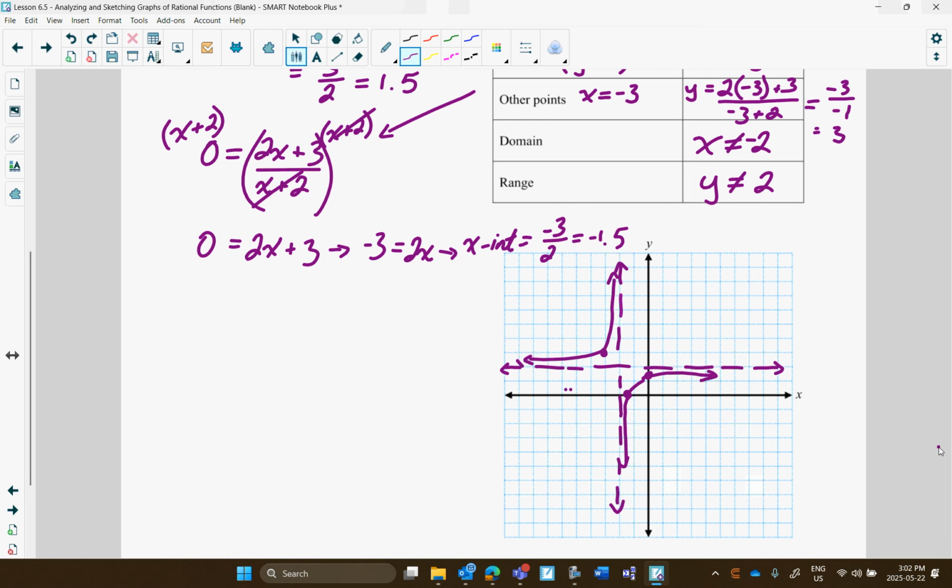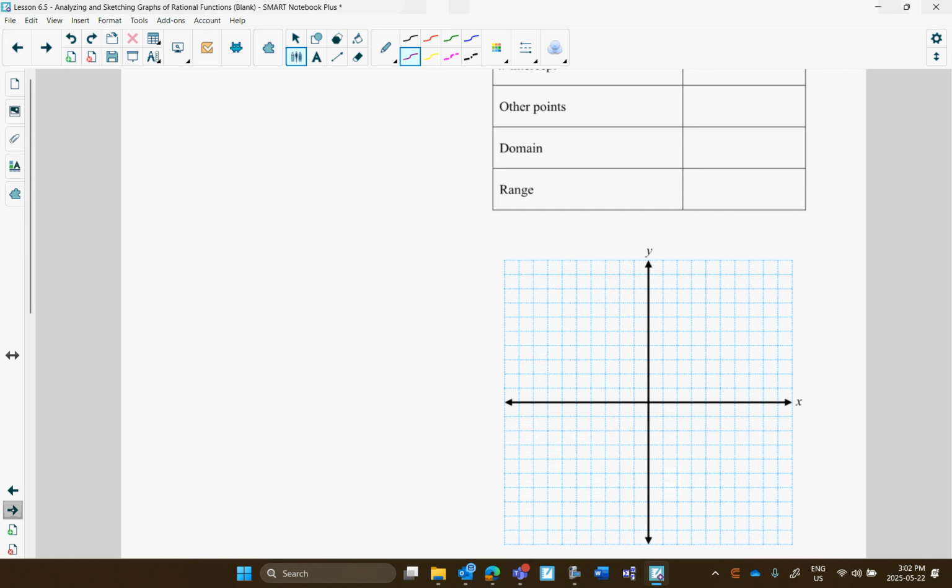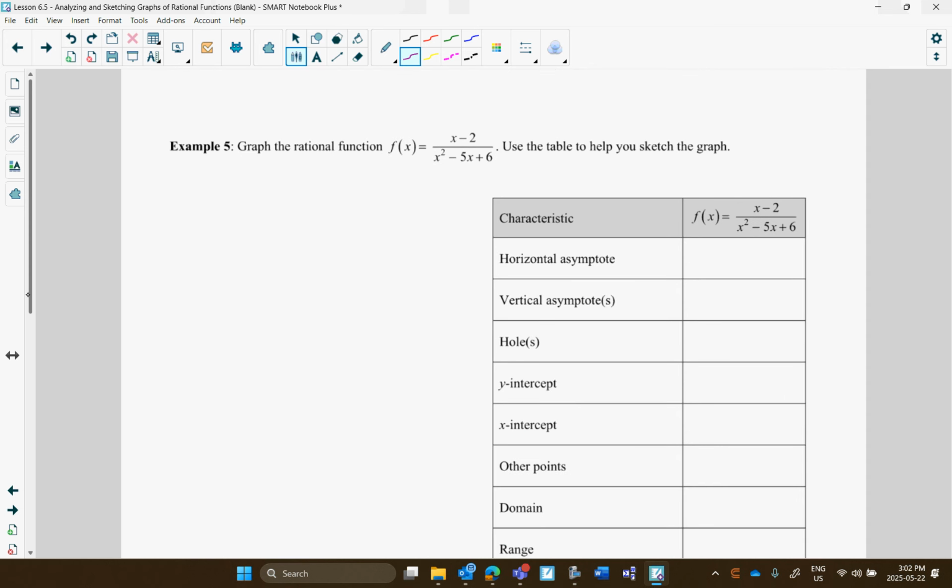Okay, last example. First thing you want to do. Factor. And I can factor the bottom. What is the bottom factor to?